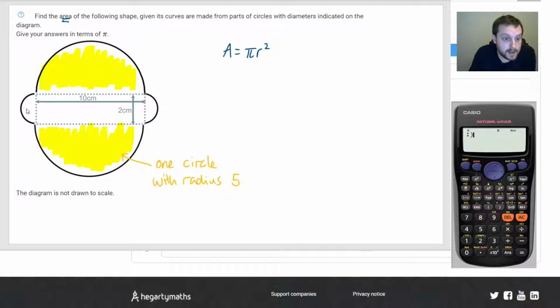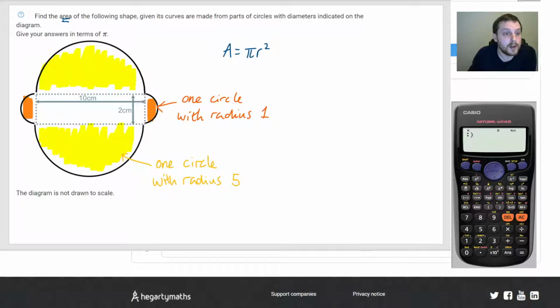Right, and then these two semicircles together on either side are going to have combined area of one circle with radius 1, because half of 2. These are the diameters.